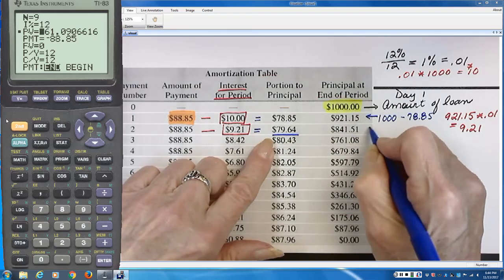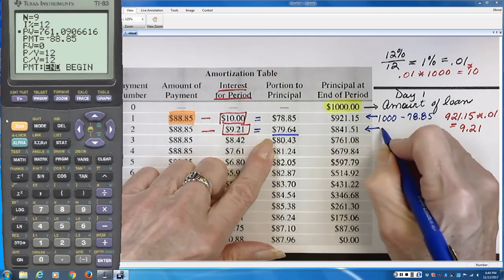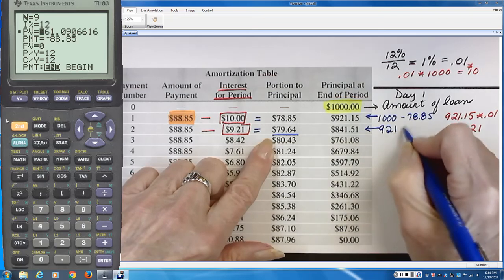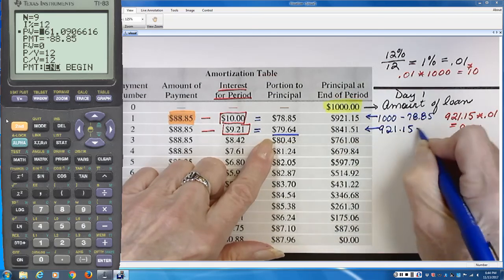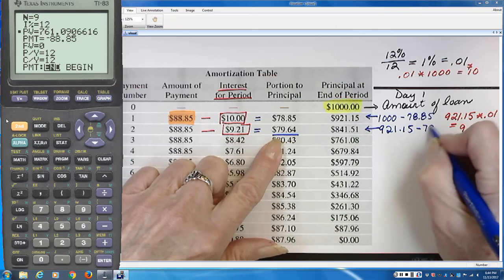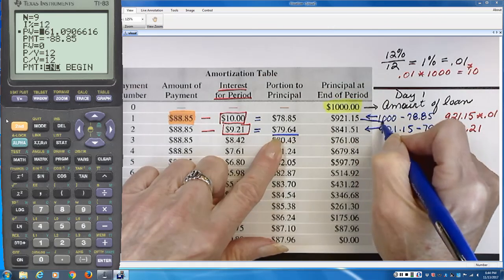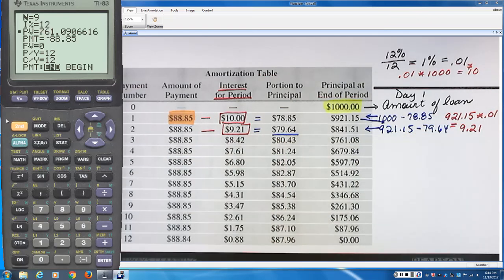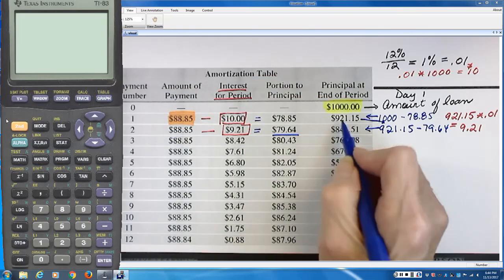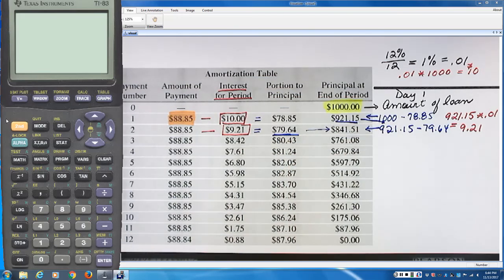So this new balance is her old balance minus how much she paid to the principal. So it's this number minus this number gives you that one every time. Okay?